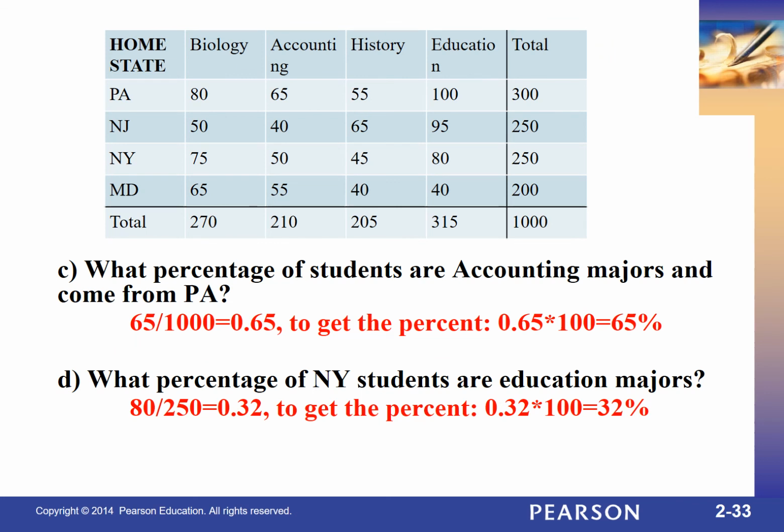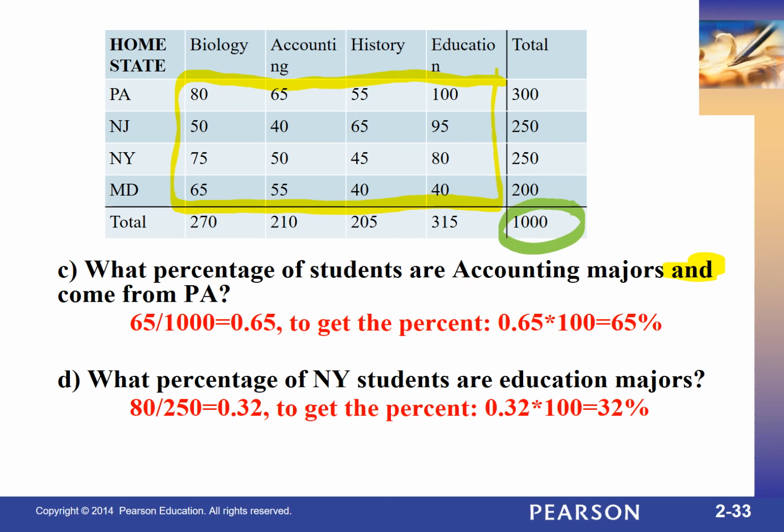Okay, the first thing we're going to look at is what is the percentage of students that are accounting majors and come from Pennsylvania. This is actually what we call a joint distribution, or a join, because it joins together two categories, accounting majors and from PA. Joins usually have the characteristic that their counts come from within the table, not the margins, and their total always comes from the total of totals, everybody who's present.